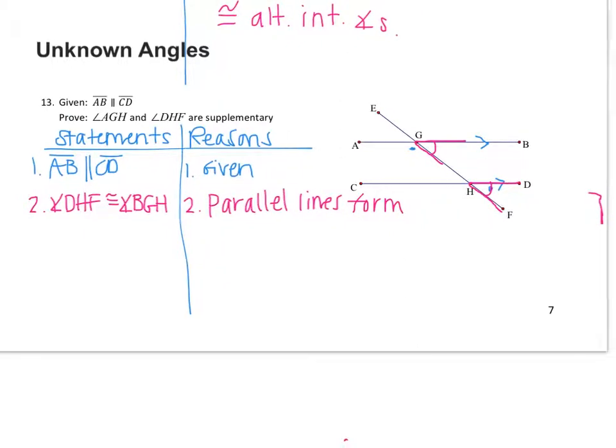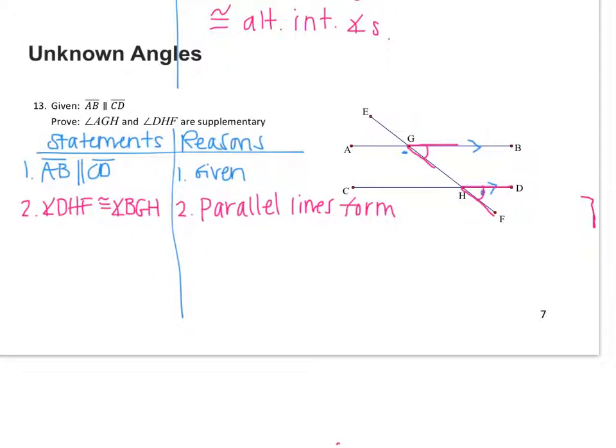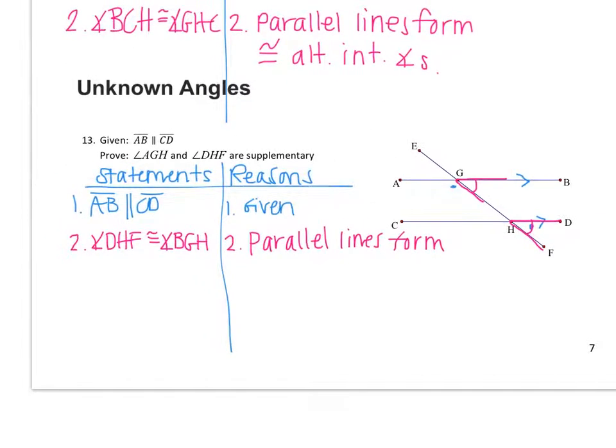If I were to pick this angle up, this one here, and plop it down on top of these angles down here at the bottom, angle BGH would fall directly on top of DHF, showing me that they are corresponding. So here parallel lines form congruent corresponding angles.